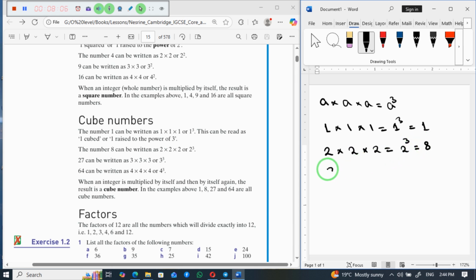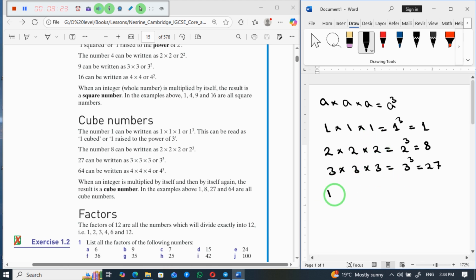Next one, 3 multiplied by 3 multiplied by 3. This is 3 to the power of 3, or 27, and so on. These numbers are called cube numbers.